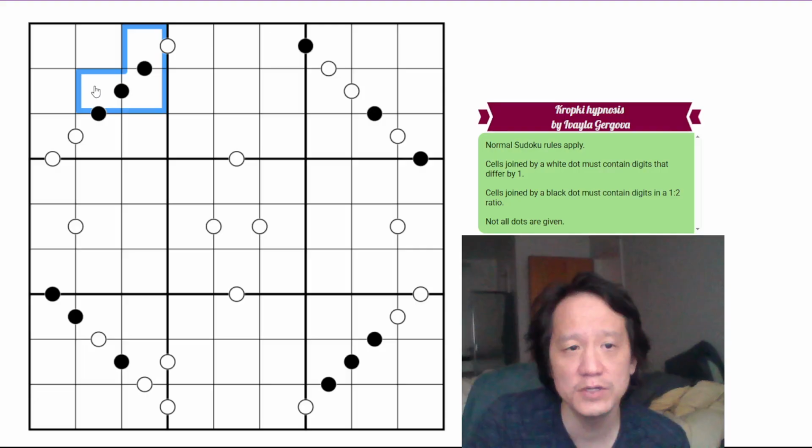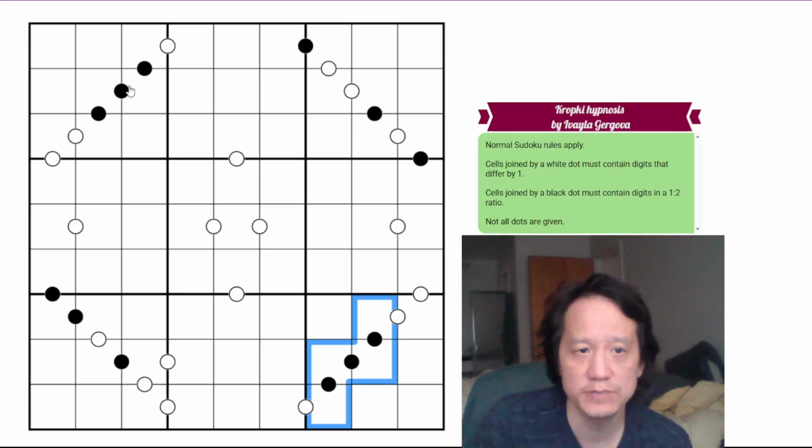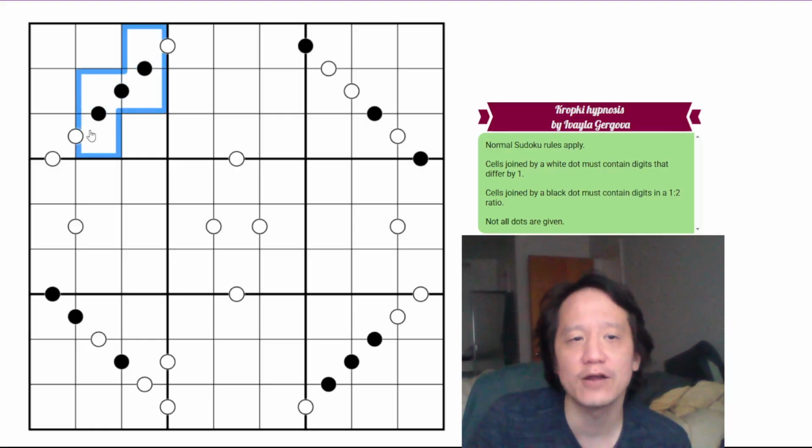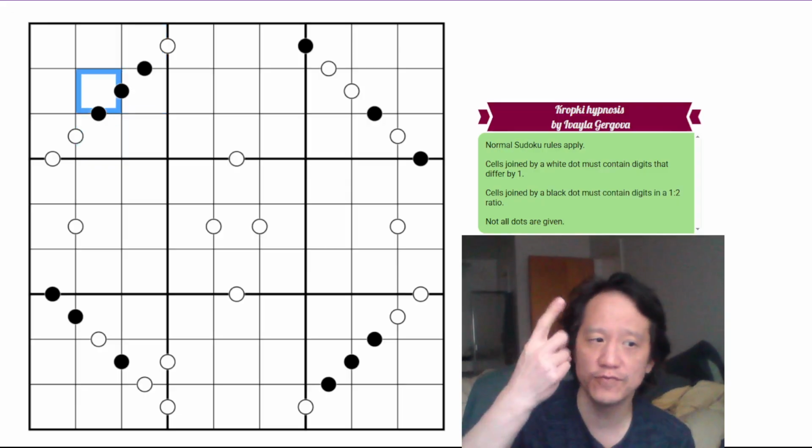So that's the only sequence that can fit these specific scenarios, because these black Kropki dots are all in the same box, so they must be unique digits. So again, it's 1, 2, 4, and 8.